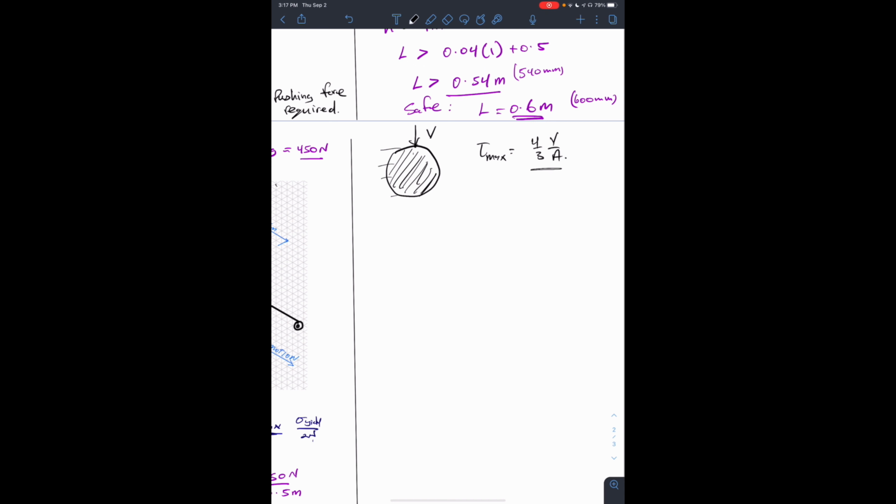But the maximum is 4/3. For a square or rectangular cross section, the maximum would be 3/2 V on A.